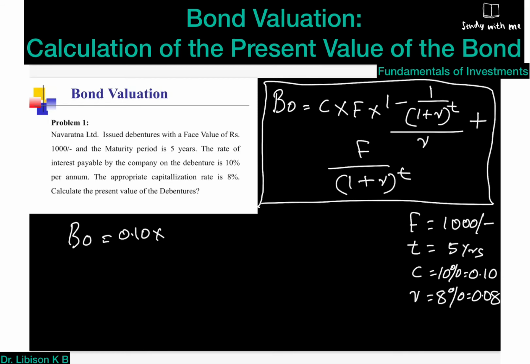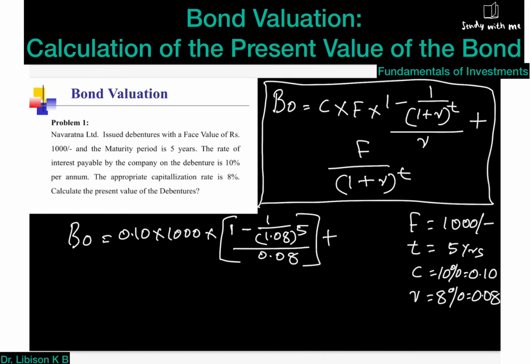0.10 multiplied by 1000 multiplied by 1 minus 1 divided by 1.08 raised to 5 whole divided by 0.08, plus 1000 divided by 1.08 raised to 5.